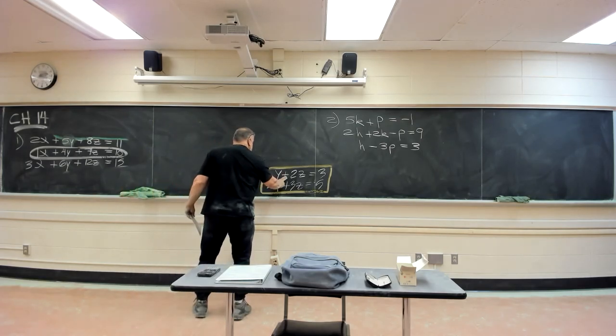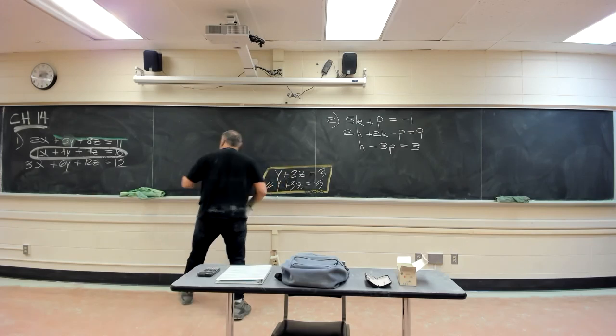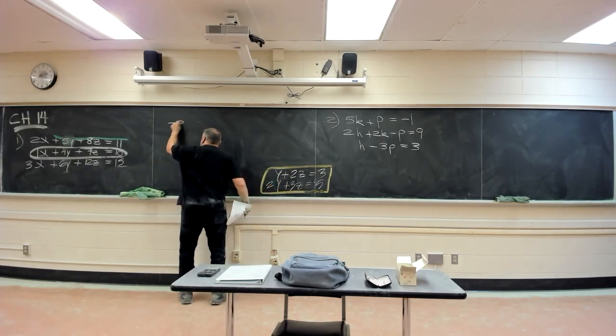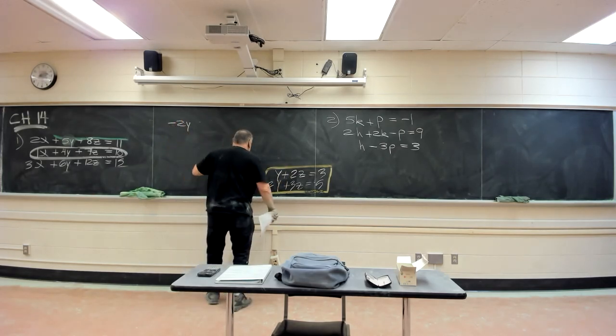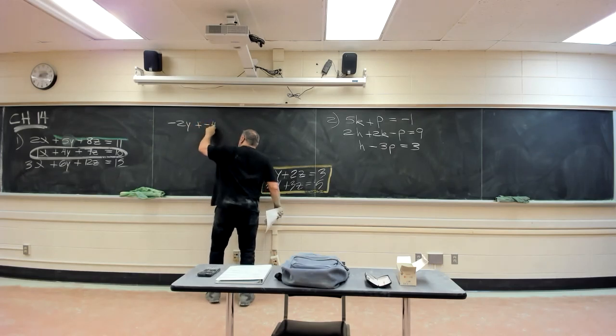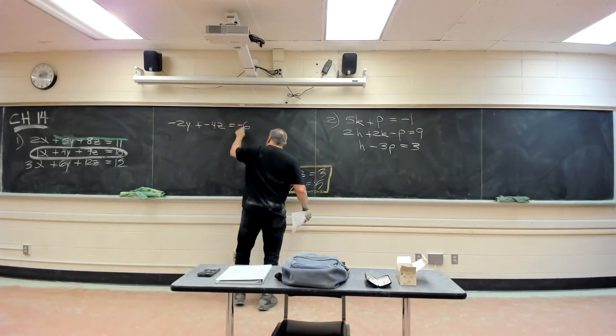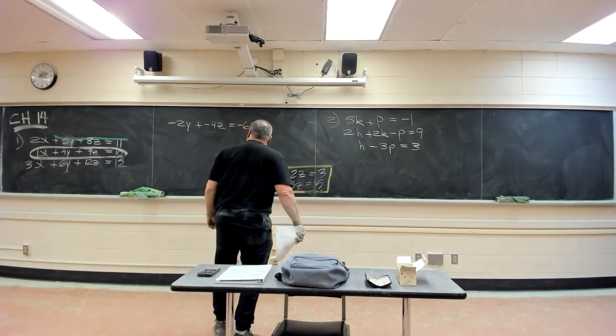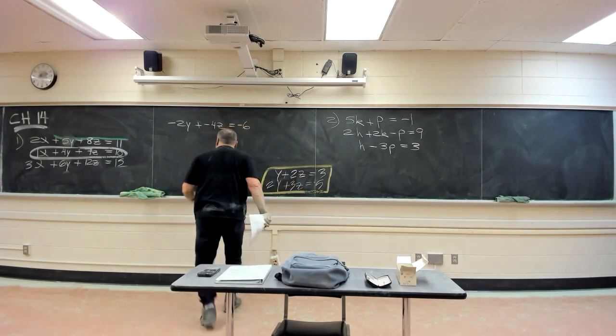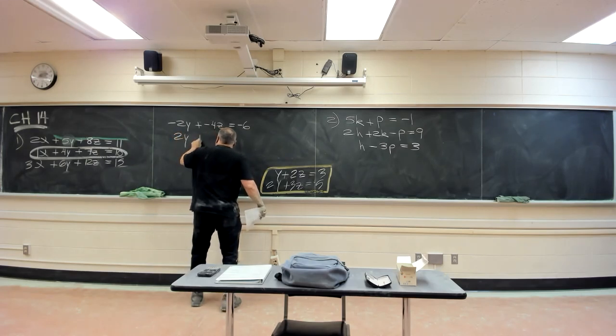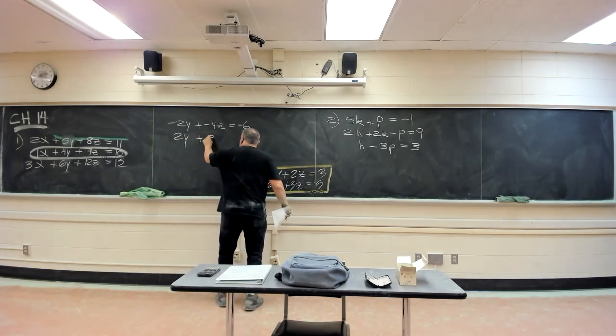Let's take this top equation right here and multiply by -2 on each side, and then add the two equations. Top equation multiplied by -2 gets you this. Bottom equation, leave it as is, and just add the two equations.